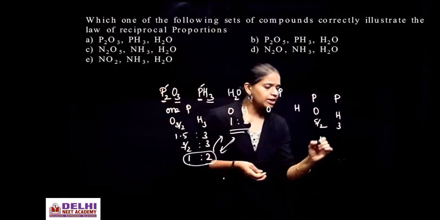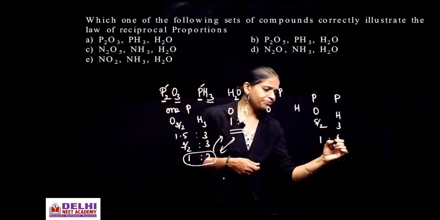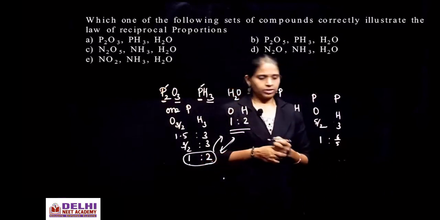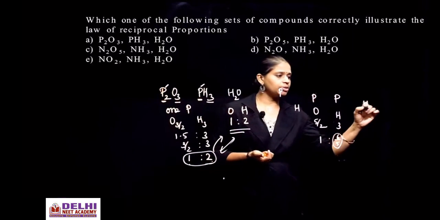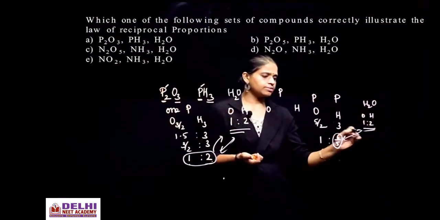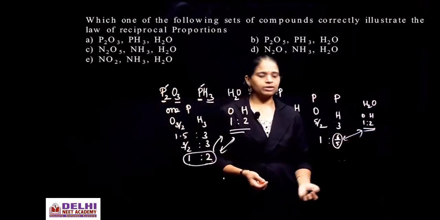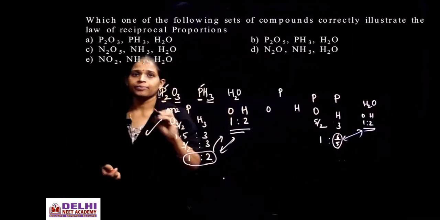So here they are in the ratio 6:5. And I have water, which has oxygen and hydrogen in the ratio 1:2. So they are neither a simple multiple nor the same ratio. So I will go with the answer A. So the answer is A.